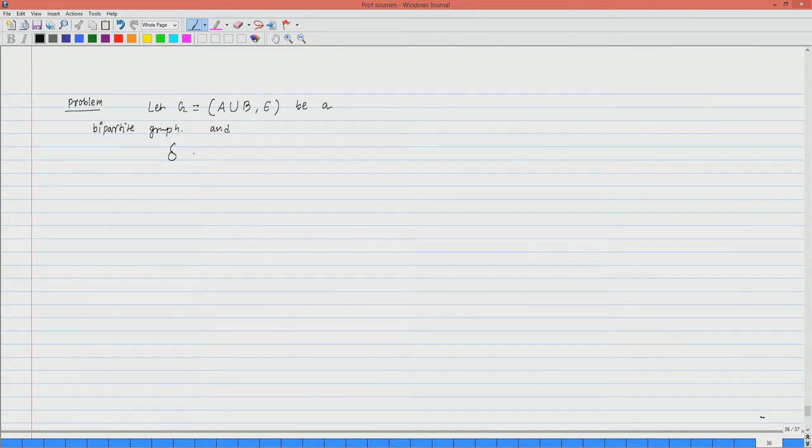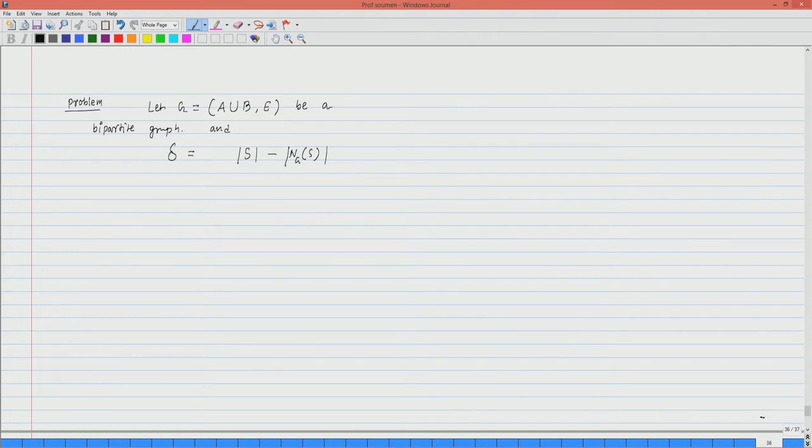delta G, or just delta, is equal to this: S is a subset of A, and the neighbor of S, we understand all these things in G. We look at their difference.